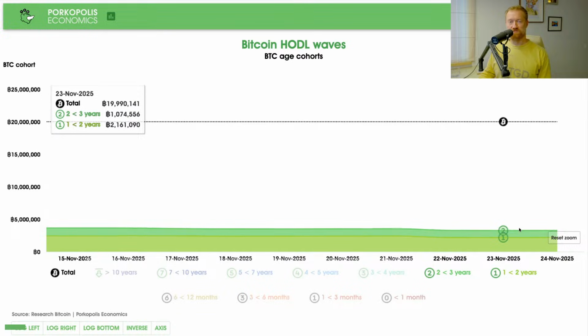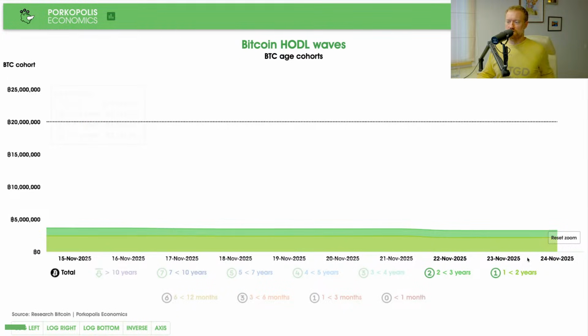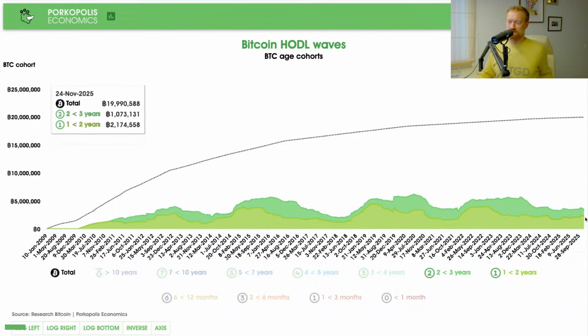These guys moved to new investors in the last couple days. 1 to 3 year hodlers. Three to four not. 1 to 3 year hodlers went down.